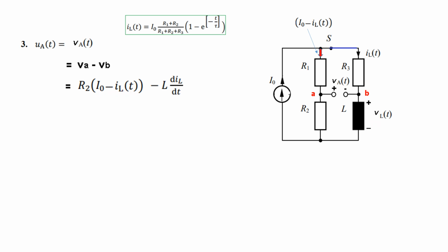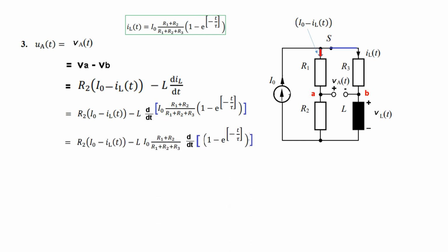What about VB? We know that the voltage across the inductor is written as V_L(t), which is equal to L dI_L/dt. This remains same. Now for I_L, we replace this here and differentiate this part. So this constant comes out, differentiating only the part containing t.